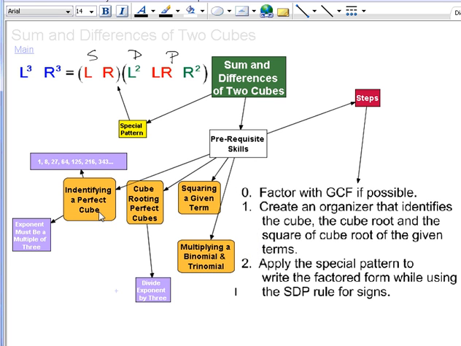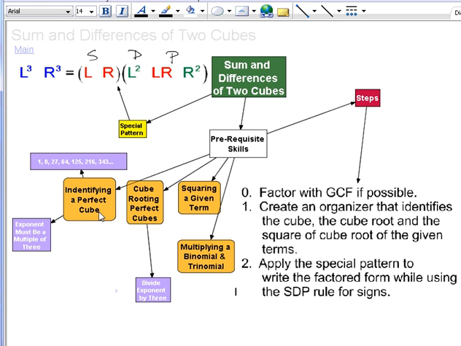That's always what we look to do in factoring. Create an organizer that identifies the cube root, and the square of the cube root with given terms. That's your L cubed, L squared, L chart, R cubed, R squared, R. And then apply this special pattern, which you will have to take some time to memorize, to write the factored form while using the SDP rule for signs.